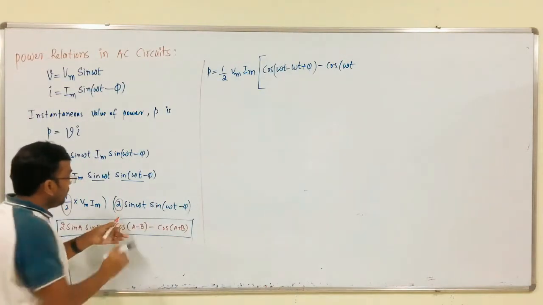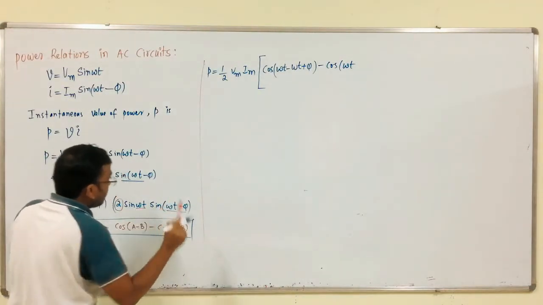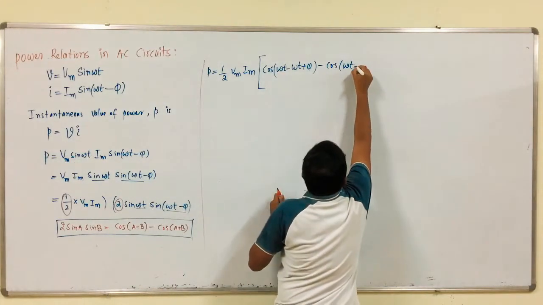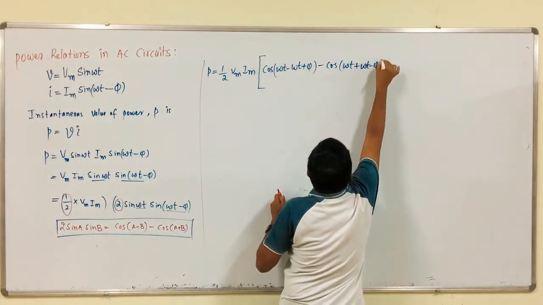Here A is nothing but omega t, and B is nothing but omega t minus phi. So omega t plus omega t minus phi.